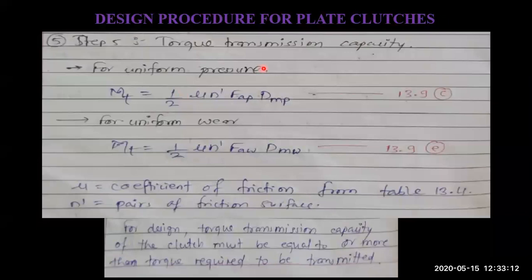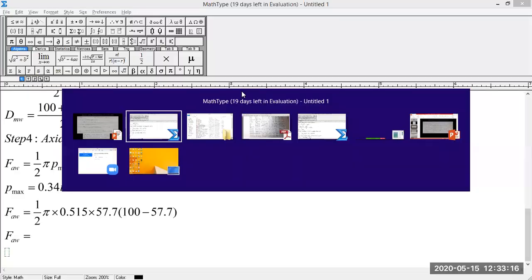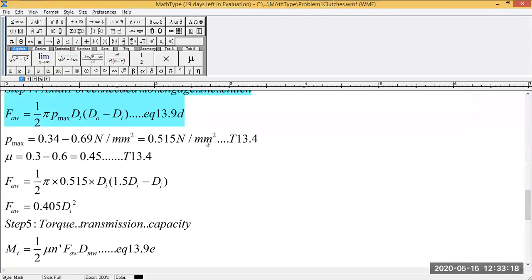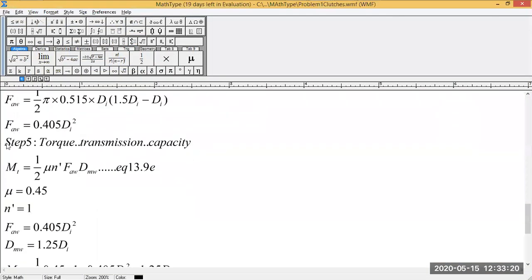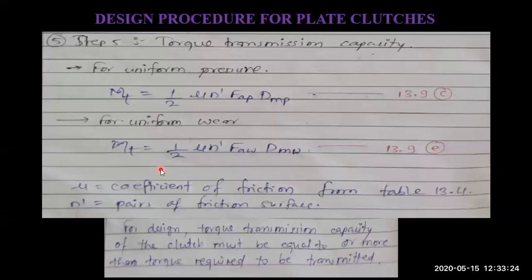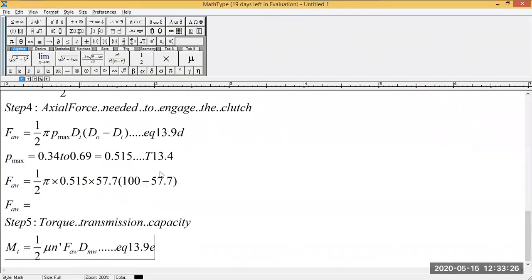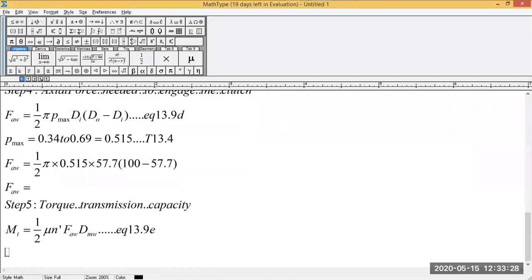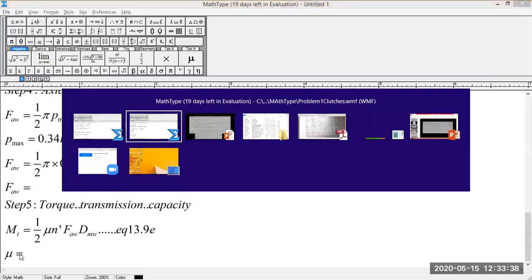The last step is the torque to be transmitted, or torque transmission capacity. You get it from this equation. We need mu here. I showed you in the previous slide that you get it from the table.